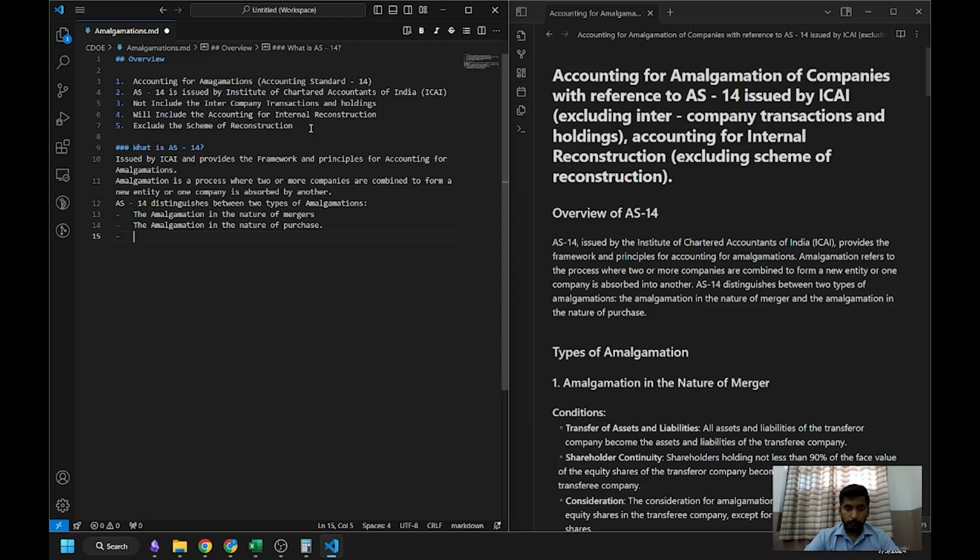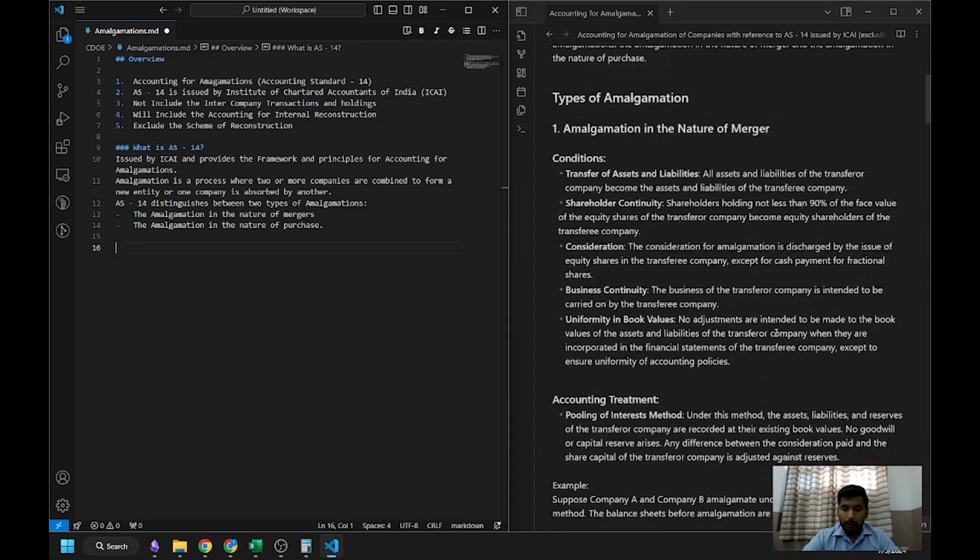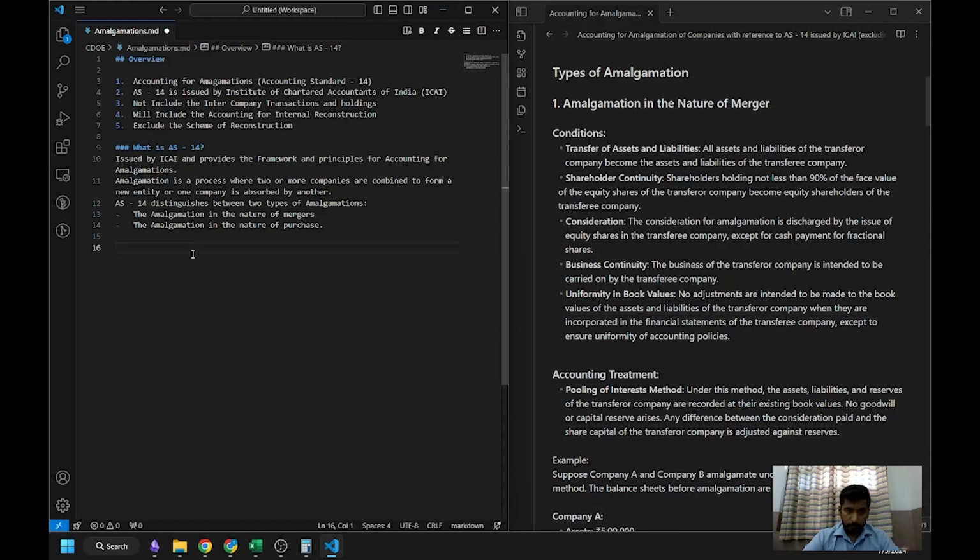Okay, so basically it is trying to say that the amalgamation is of two types. Let us dive deeper into it. Types of amalgamation.